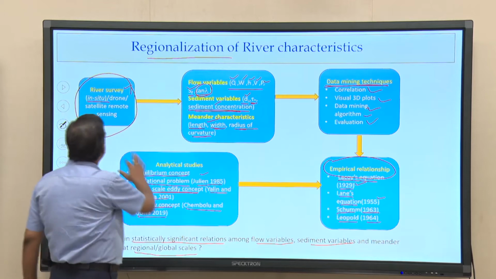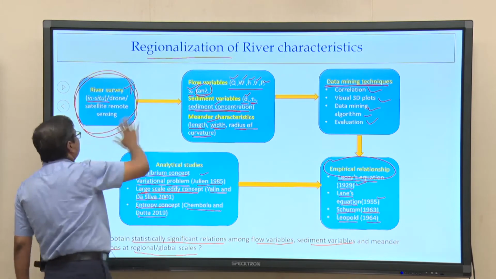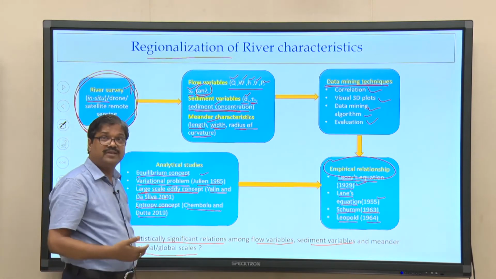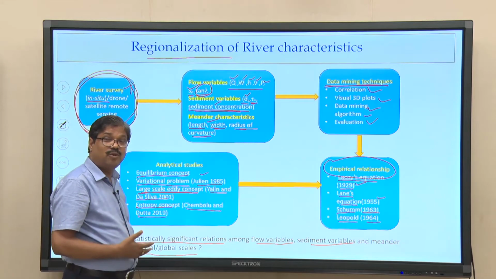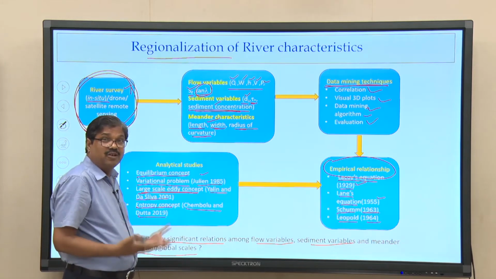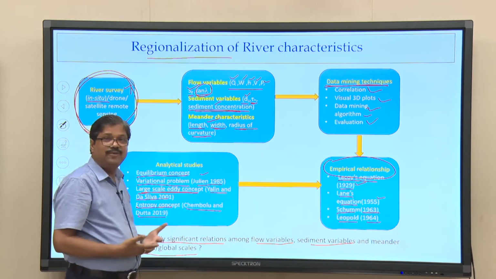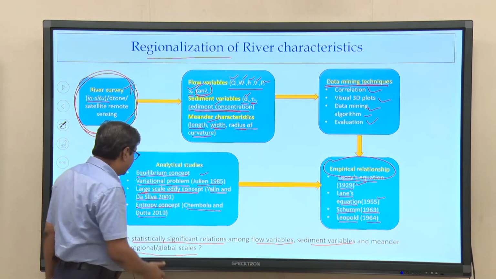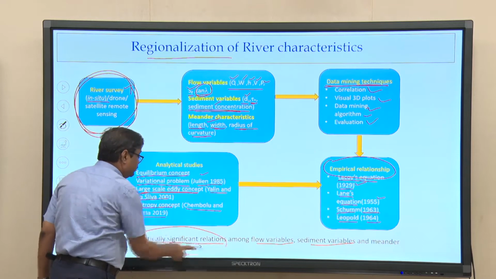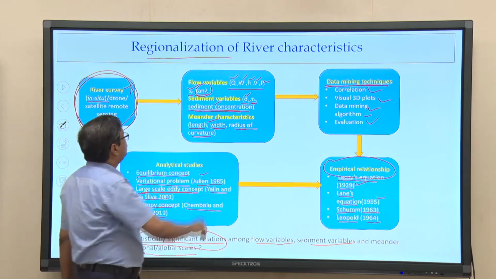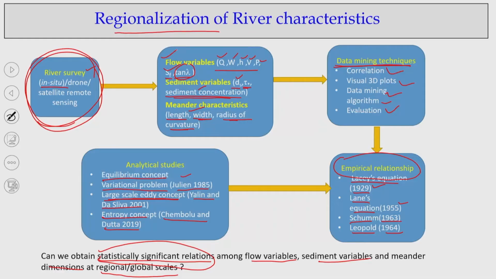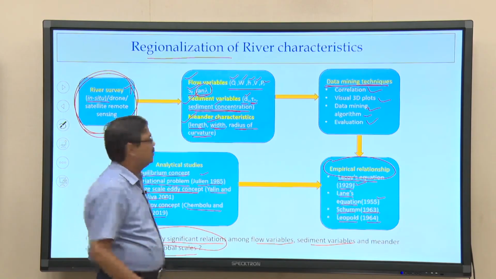But as a summary, what we are understanding is that we need to have a river survey. We should have quality river survey data, that is what matters to us. If the data is not of quality, we can land up with empirical equations which are not statistically significant. We should identify the variables: flow variables, sediment variables, meandering characteristics and much more.